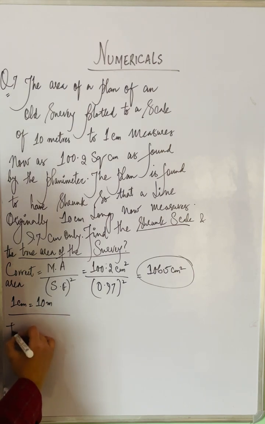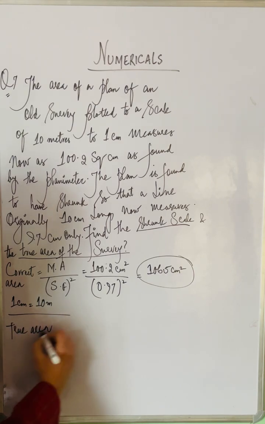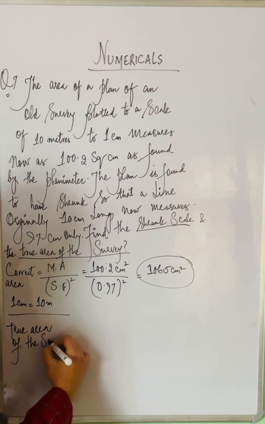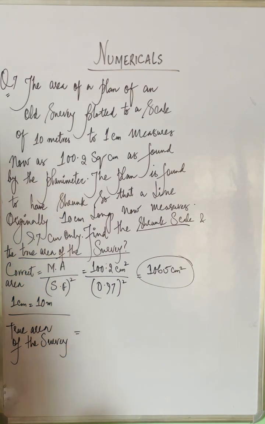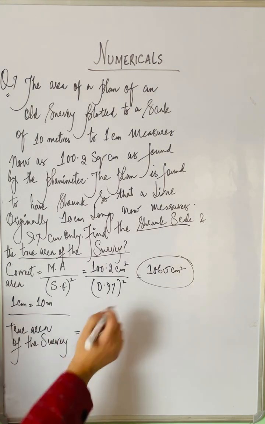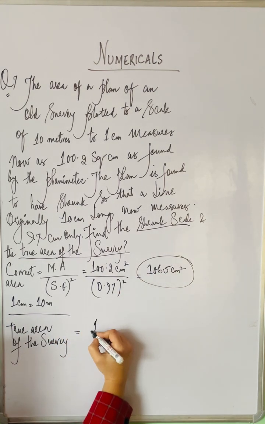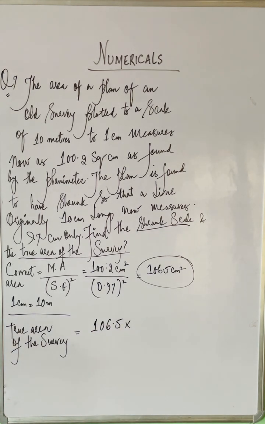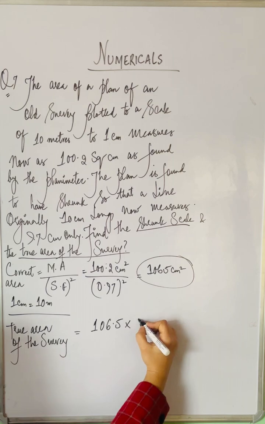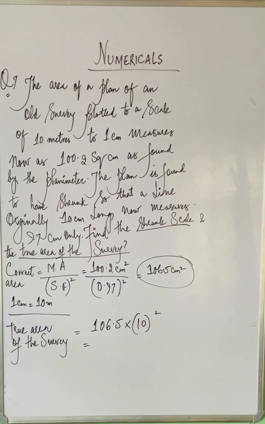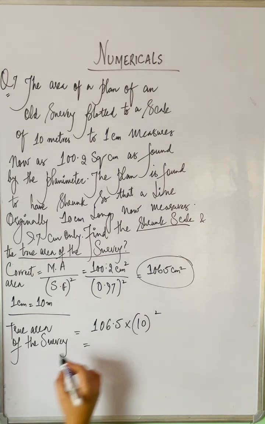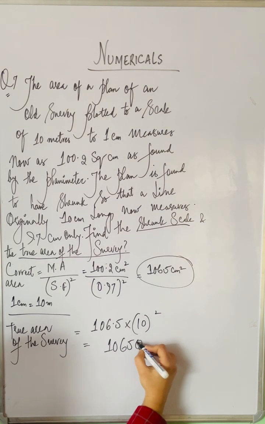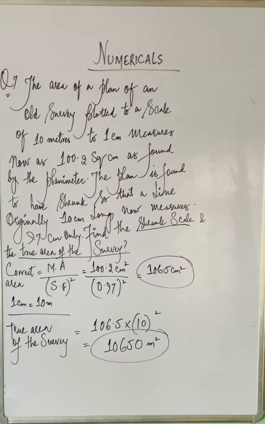So our true area of the survey is equivalent to how much? This, multiplied by, what is our scale? 1 centimeter represents 10 meters, square of it, right? Which will come equivalent to 10650 square meters.